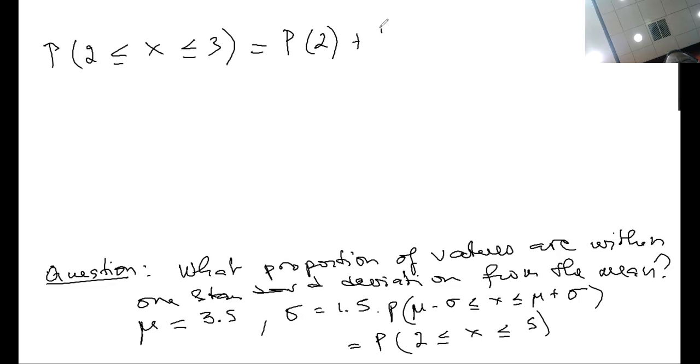So the proportion of values within 1 standard deviation is the probability of 2 less than or equal to x less than or equal to 5, which is the probability of 2 plus the probability of 3. Yeah, it's just the probability of 2 and 3. So you can use a calculator to find this.